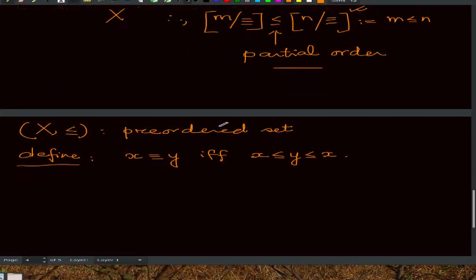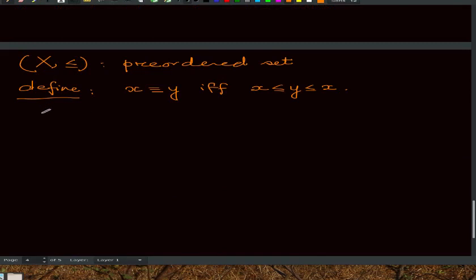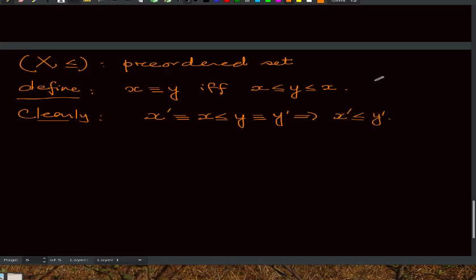And then, just as we did before, clearly, X prime equivalent to X, less than or equal to Y, equivalent to Y prime, implies that X prime is less than or equal to Y prime. This is an equivalence relation on X.